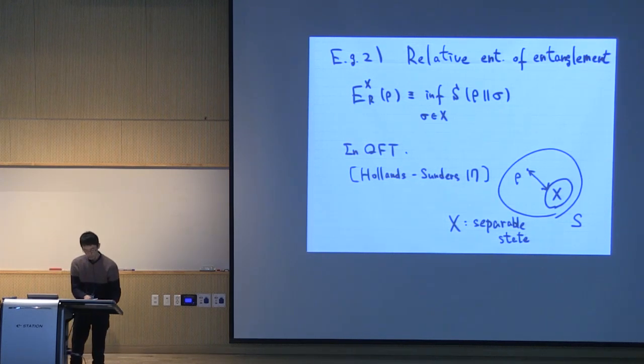Now let me briefly summarize what we have done, and comment on some relation between what we have done and the resource theory. There is a nice interpretation of quantum information theory as a resource theory.